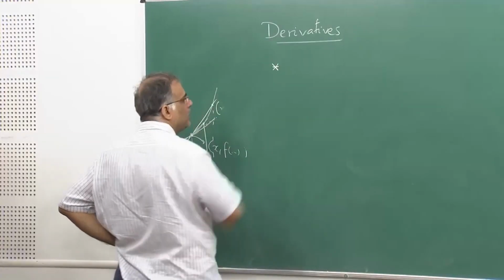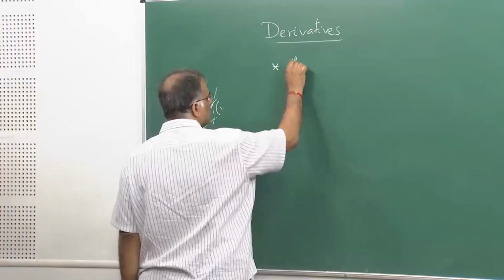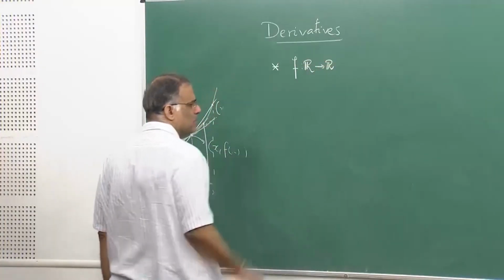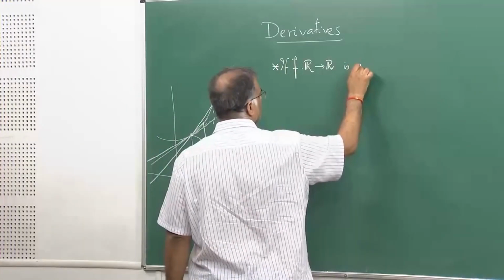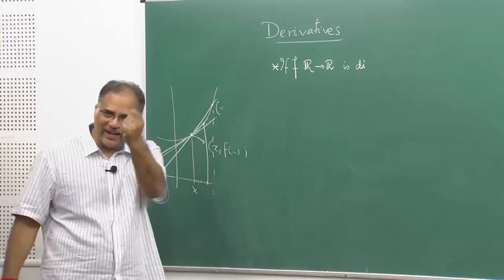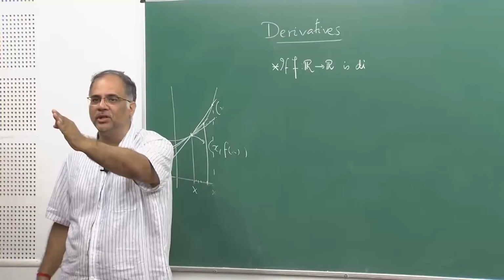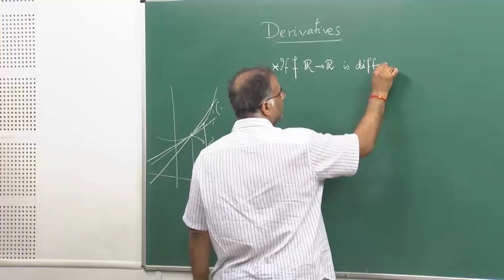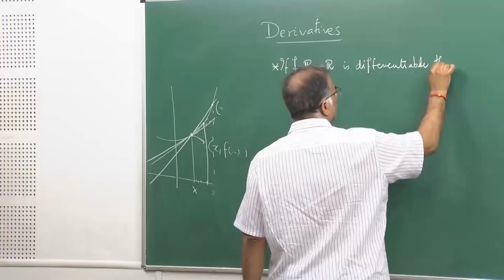One of the things I want you to think about is a fact which I have not mentioned, but I will just state, and I want you to try out its proof at home. It will be an interesting exercise. If f from R to R is differentiable, so it is not just differentiable at one point x, the definition here was differentiability at a given point x, but when I say it is a differentiable function, it means it is differentiable at every point x in R. If f is differentiable, then f is continuous.